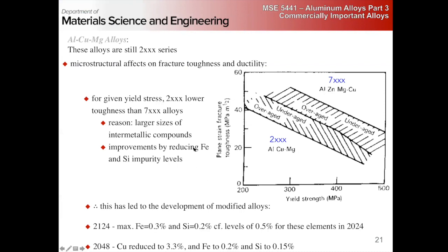And ask it in such a way about iron silicon impurities. But I wouldn't just say, why are 7000 series generally better in fracture than 2000 series? Because that involves you to memorize all that stuff. I don't want that.